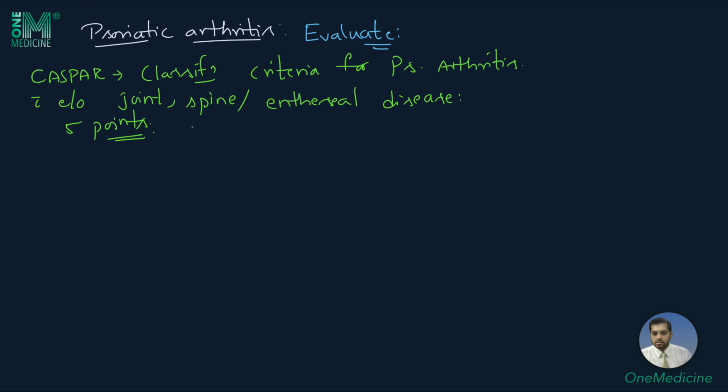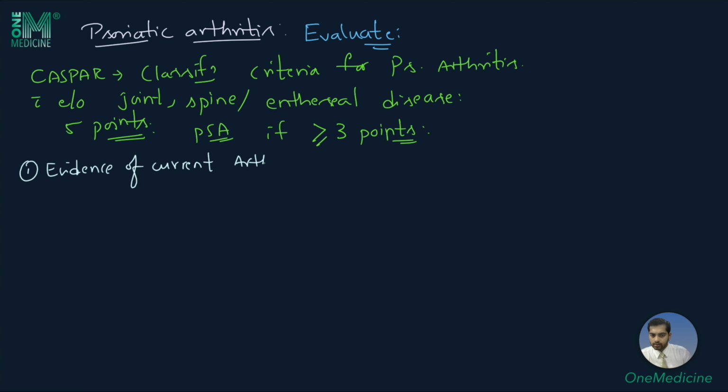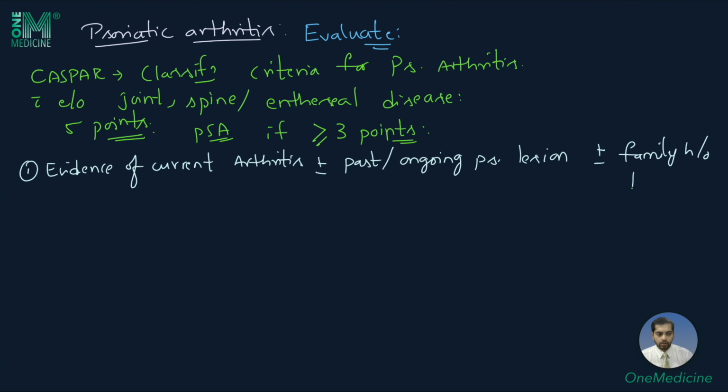Patient is said to have psoriatic arthritis if the patient has more than or equal to 3 points from the following 5 points. The first is evidence of current arthritis along with presence of past history or ongoing psoriatic lesions, or the patient has a strong family history of psoriasis.